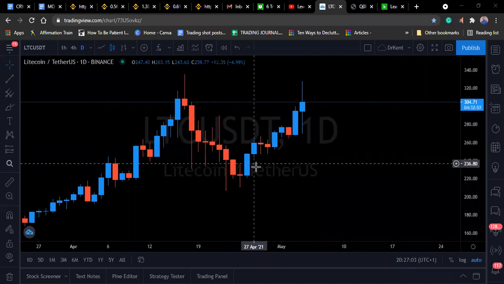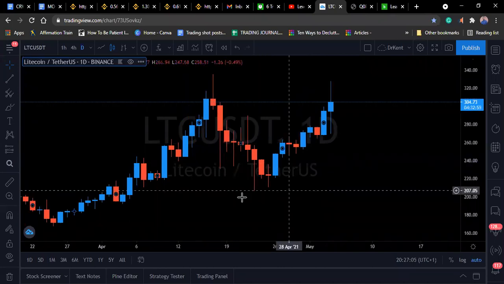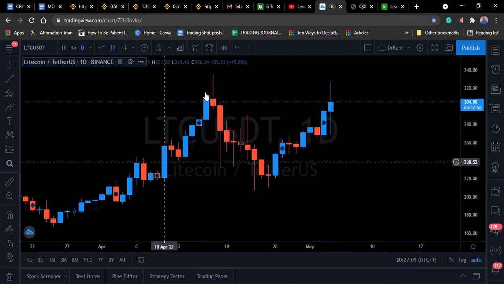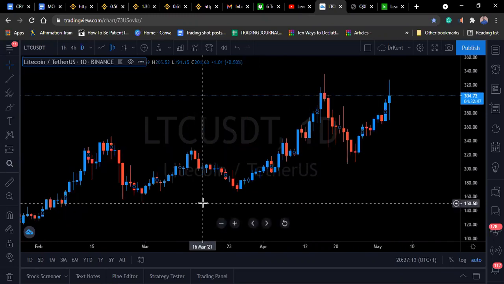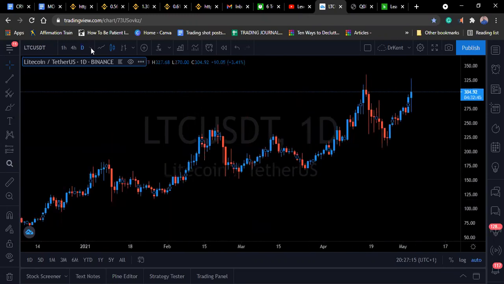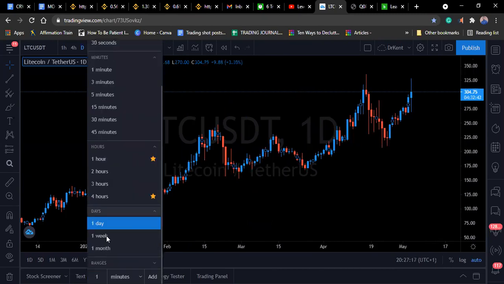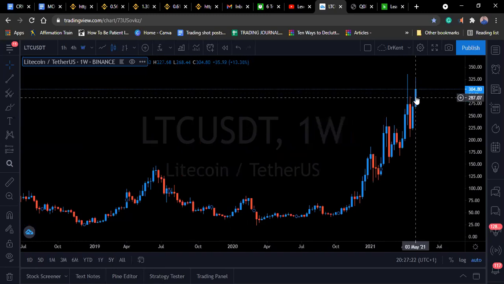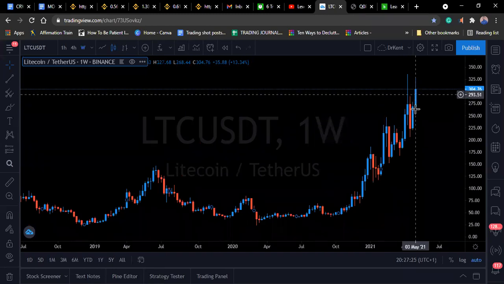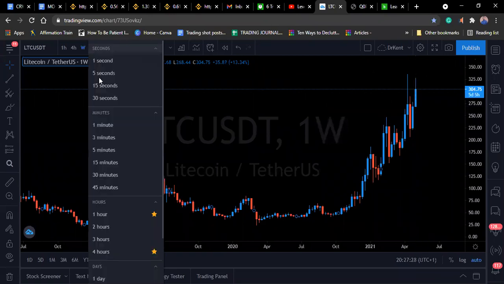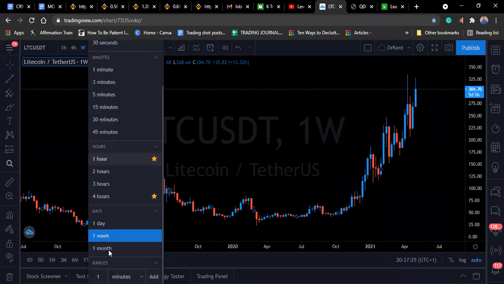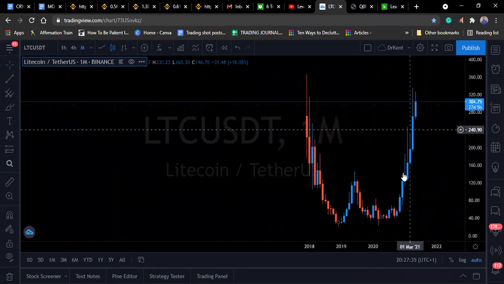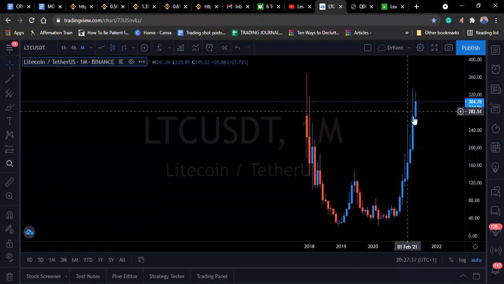Each of these candles, you can look at your chart at different time frames. You can choose to look at it on the weekly, meaning each of these candles represents a whole week, that's 7 days, or you can decide to look at it on the monthly, meaning each of these candles represents 1 month.